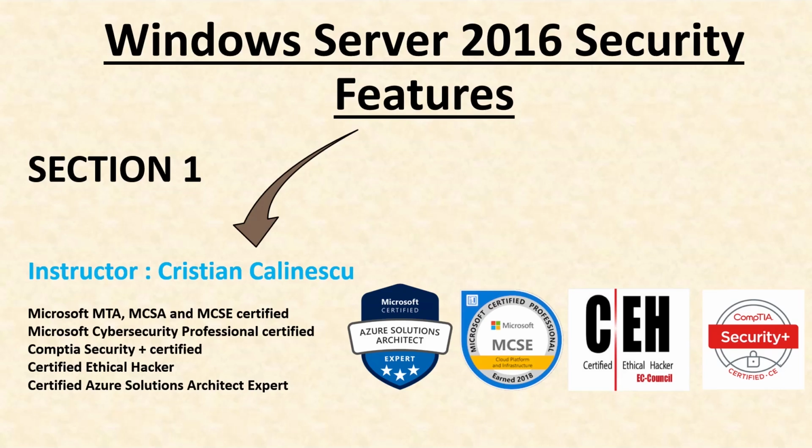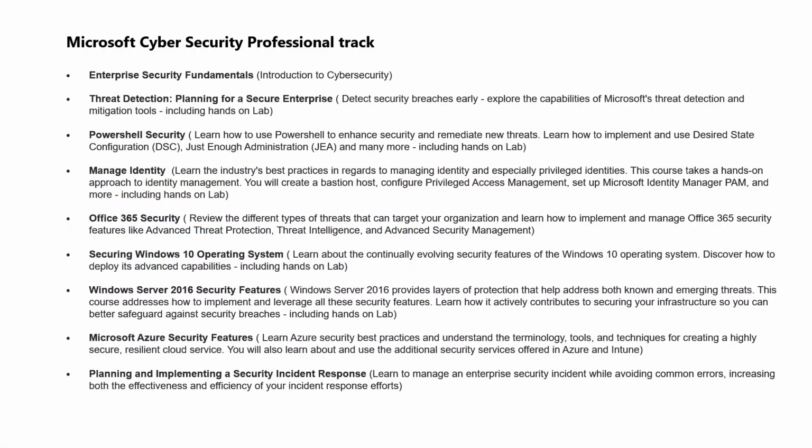Now, first of all, for those of you who are attending this course from the cybersecurity professional track for the first time, this is the 7th course from a series of courses called the Microsoft Cybersecurity Professional track, which are meant to prepare you to become a Microsoft cybersecurity professional.